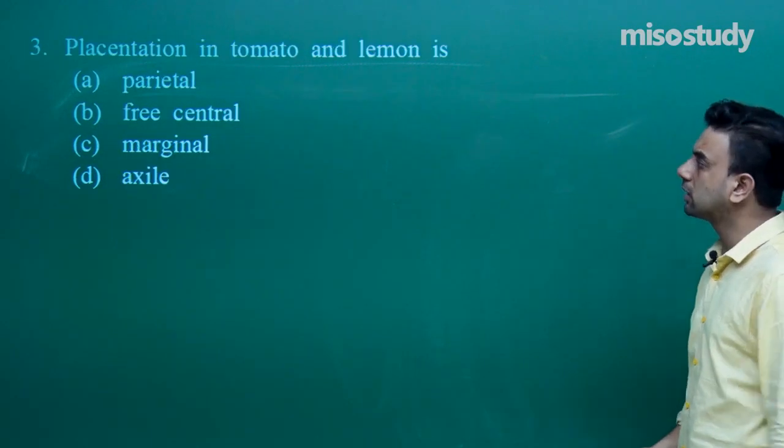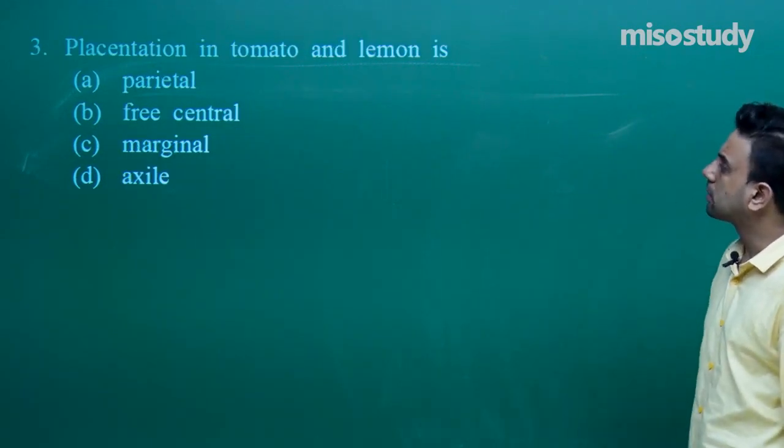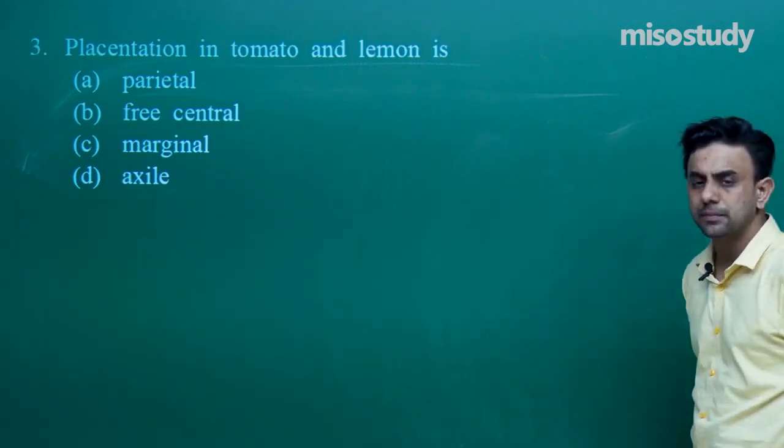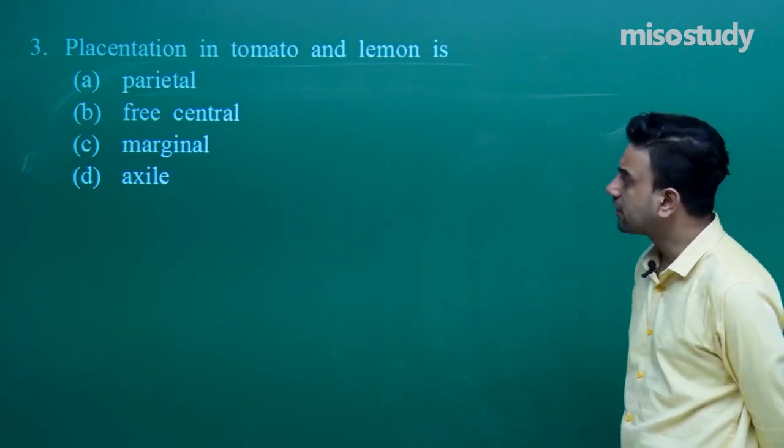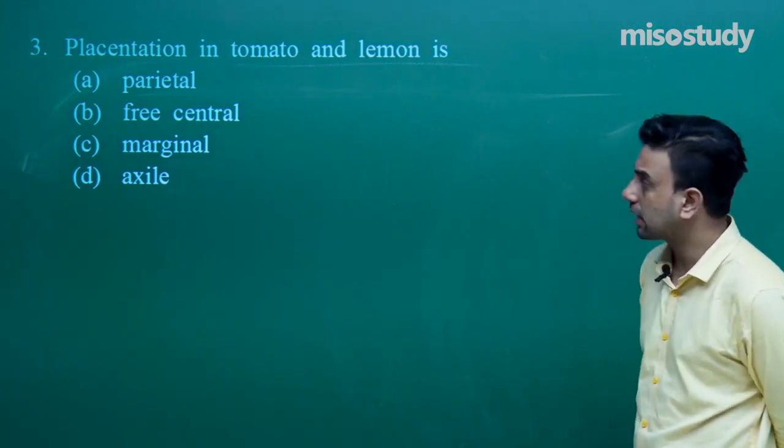We will now talk of the third one: placentation in tomato and lemon is what? Parietal, free central, marginal and axile.